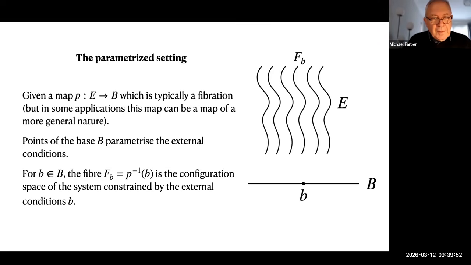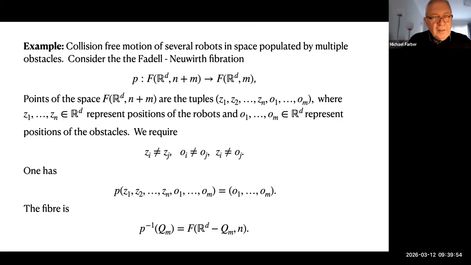So this is a parametrized setting. And in this parametrized setting, in those papers, we analyze what is called the Fadell-Neuwirth fibration, which is a description of when multiple robots move in space populated by many obstacles. So obstacles are parameters.